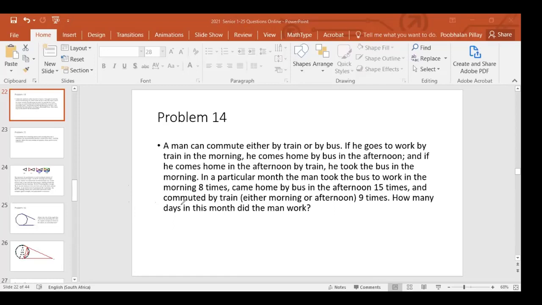Okay, the bottom line is that you have a guy who's traveling in the morning and afternoon. He travels in the morning and in the afternoon, and he takes either a bus or a train in the morning, and either a bus or a train in the afternoon.